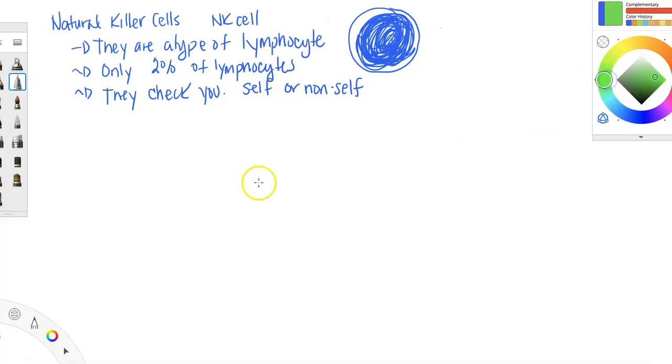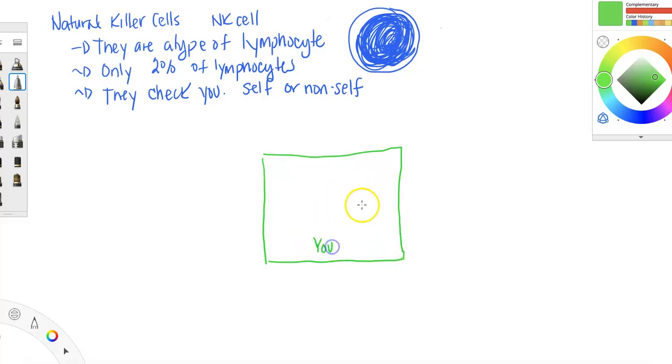let's do this. Okay, so let's do a cell here. Okay, and we'll say this is you. This is one of your cells, okay? And cells are able to, like, see things, bring them into their cellular body, and then display them on their membranes, their plasma membranes.